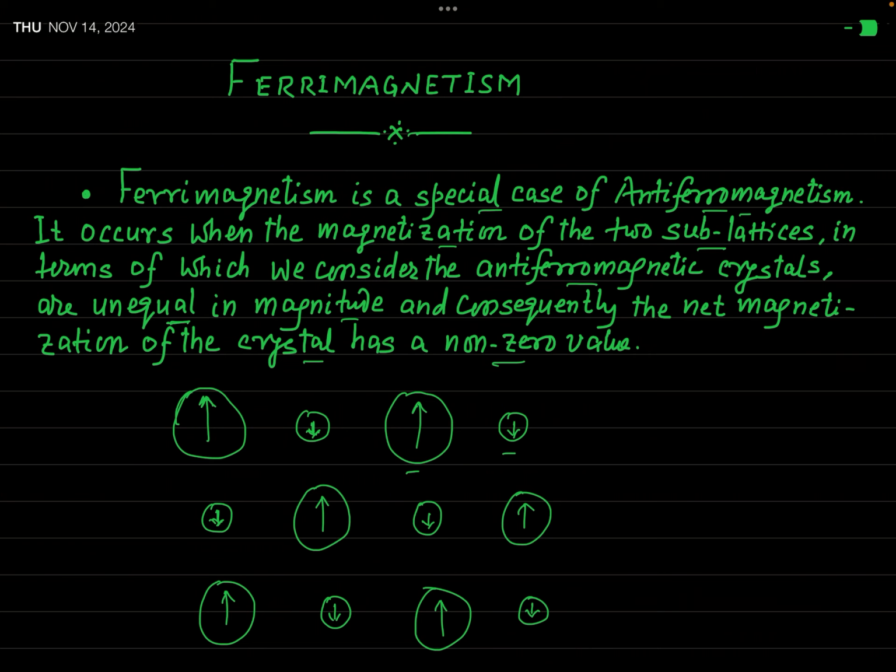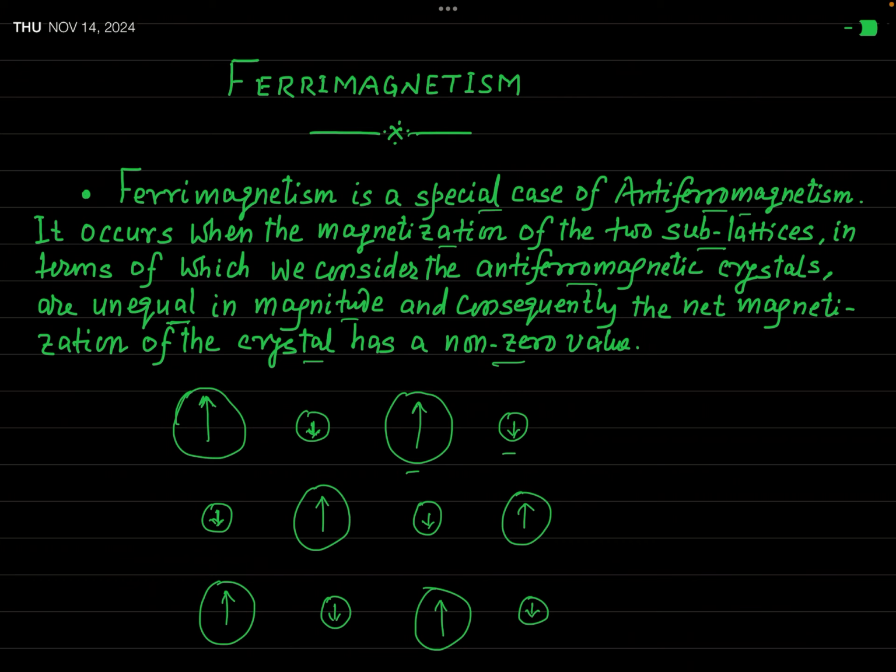After that, in the second lecture, we will see the proper theory, or you can say the explanation, of ferrimagnetism. Sorry, I am suffering from a cold, so don't mind. So I was telling you that in this lecture we will see only the idea of the structure of ferrites, which is a common example of a ferrimagnetic material, and also the concept of saturation magnetization in this ferrimagnetic material.